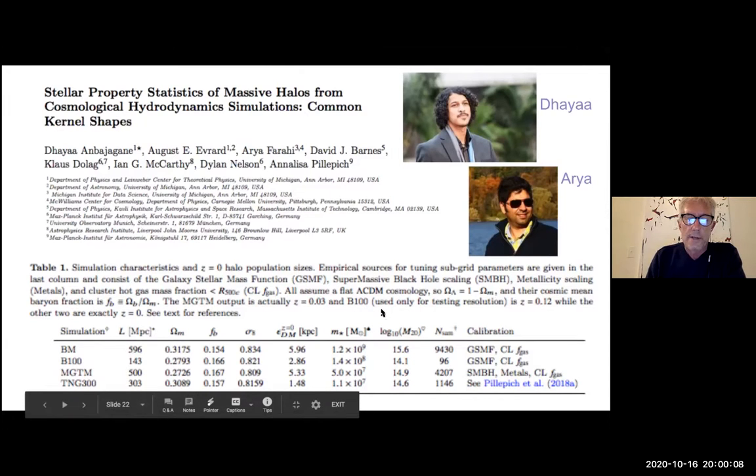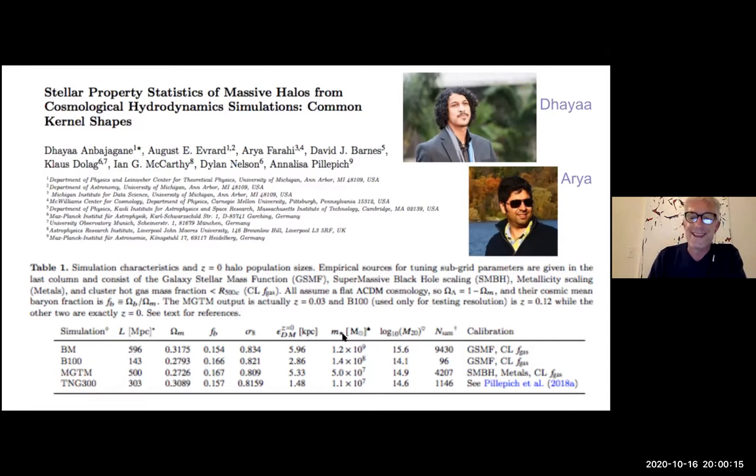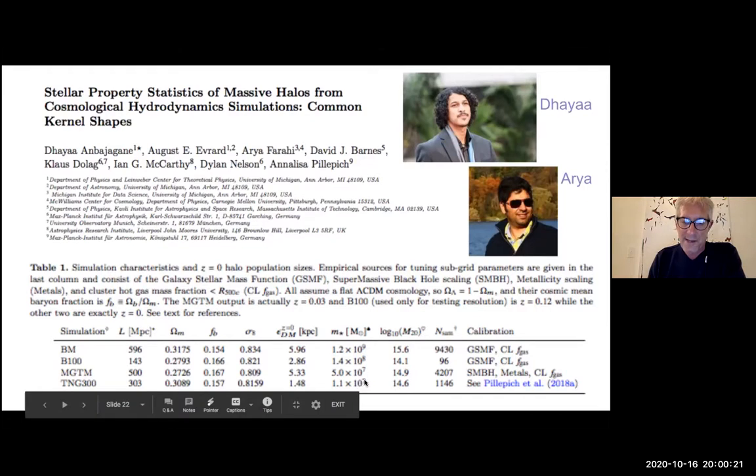And I'll just point out this column here, which is telling you the mass of a star particle in these simulations. So a star particle is not one solar mass. It's more like 10 to the 7 or even 10 to the 9 solar masses. And so these are pretty heavy particles. Keep that in mind. So our resolution isn't great necessarily.